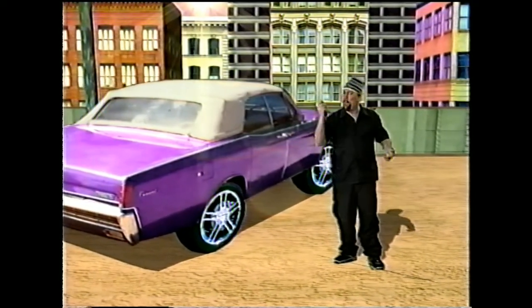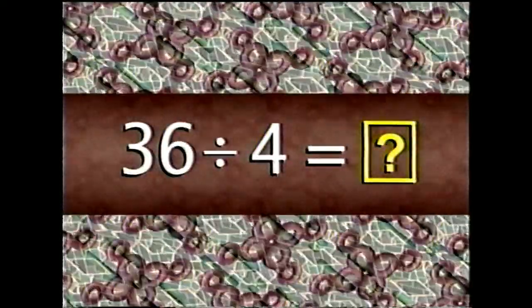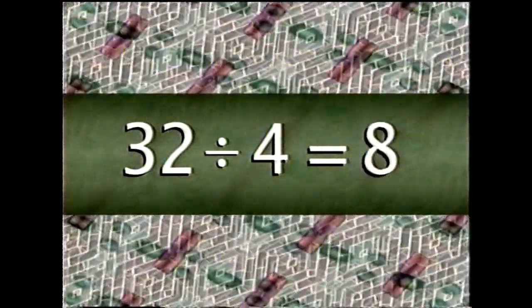I got a little button that'll make it go down to just 4 inches off of the ground. 16 divided by 4 is 4. 24 divided by 4 is 6. 36 divided by 4 is 9. 32 divided by 4 is 8. 20 divided by 4 is 5. 12 divided by 4 is 3. 8 divided by 4 is 2. 28 divided by 4 is 7.